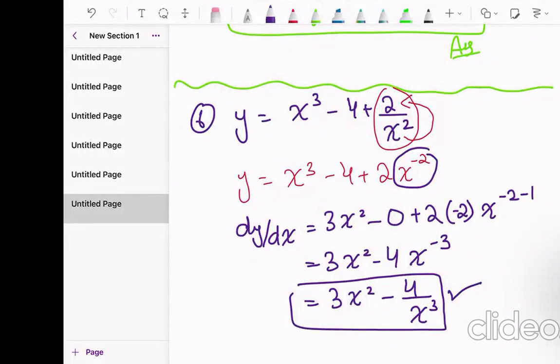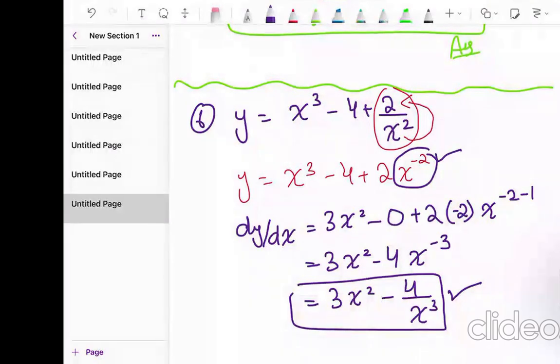But in the denominator, it is difficult to differentiate, so we have to move this variable into the numerator. When we move any variable or number from numerator to denominator or denominator to numerator, the power of that variable will be changed. So right now we have x squared. When we move x squared to the numerator, the power becomes negative 2. Positive changes to negative.